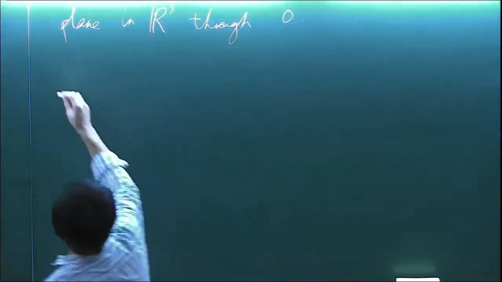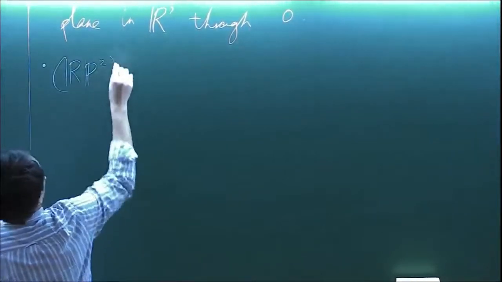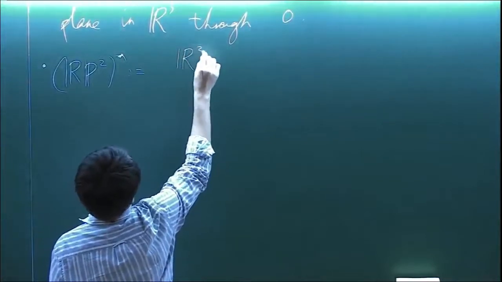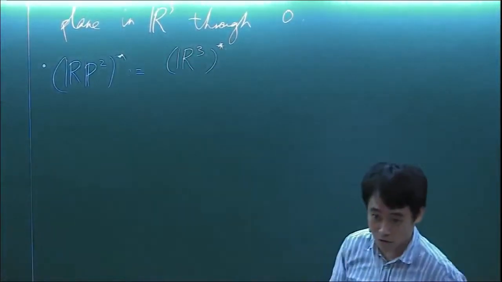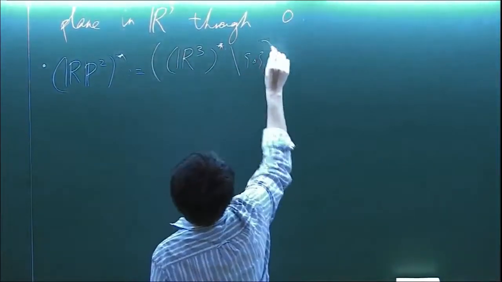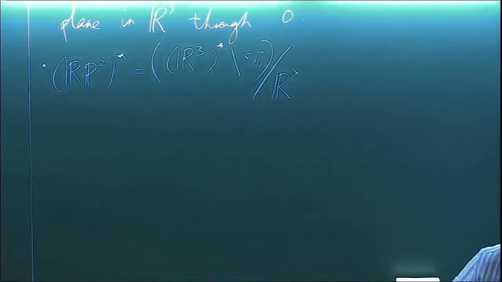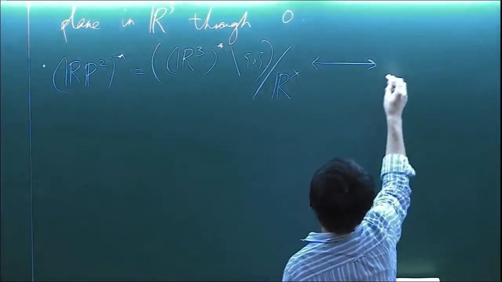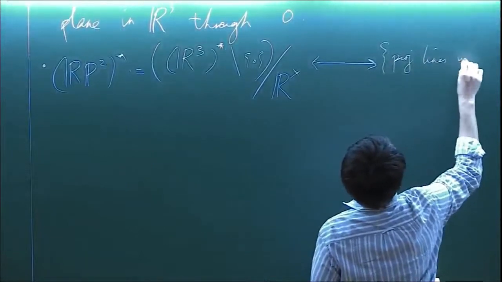Now you can also think of RP2 dual. So what is this? This is defined to be the set of linear functionals on R3, linear maps from R3 to R, so R3 dual, with the zero linear functional removed, and I consider these again up to scaling. This RP2 dual is naturally in bijection with the set of projective lines in RP2.